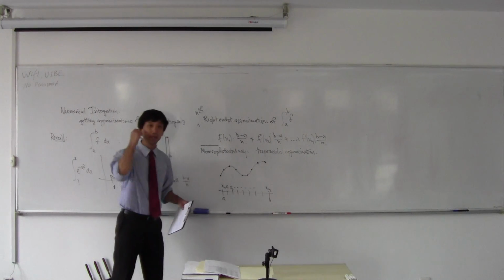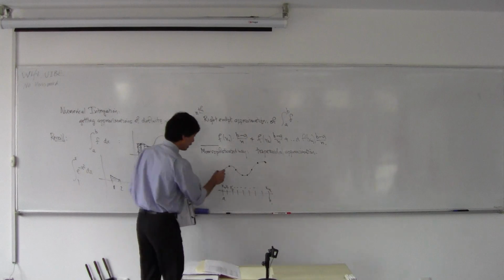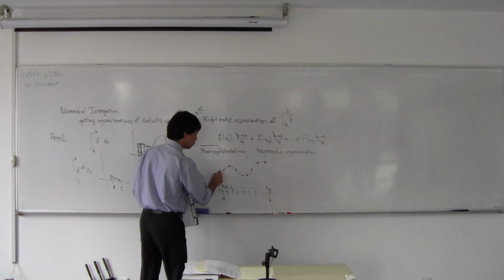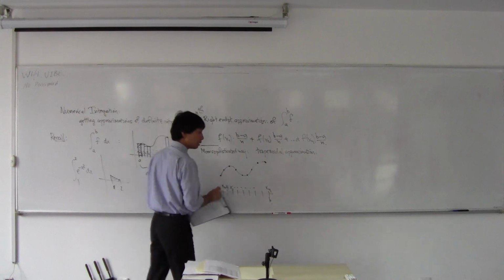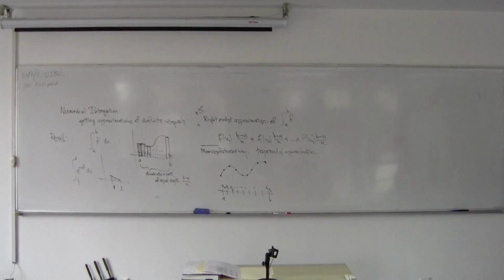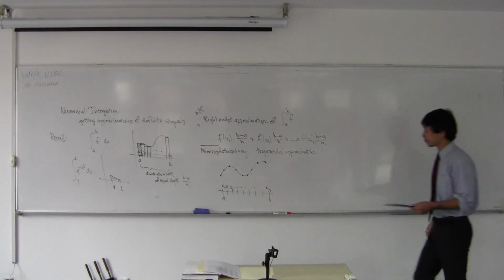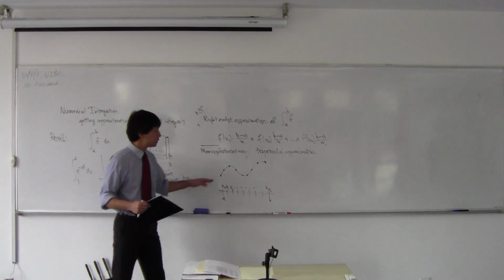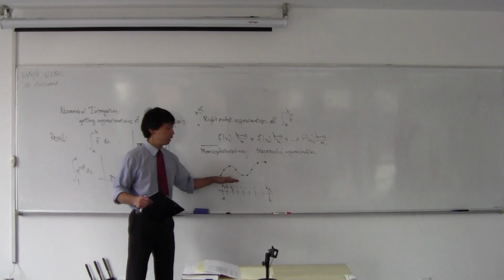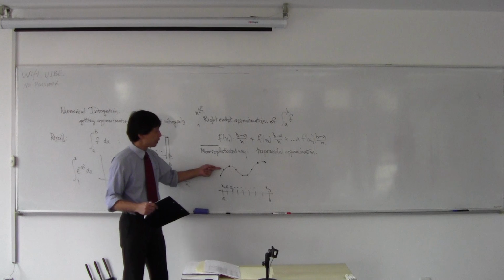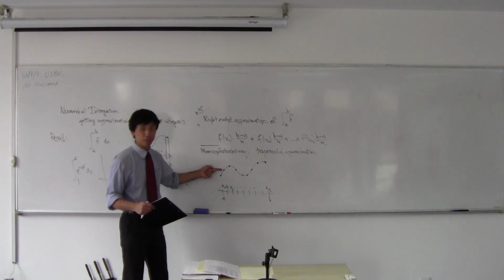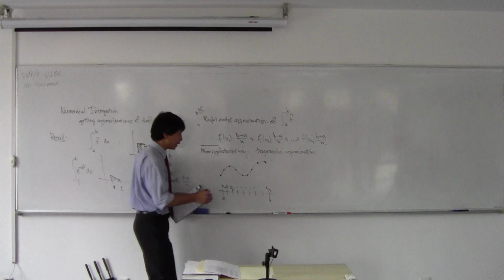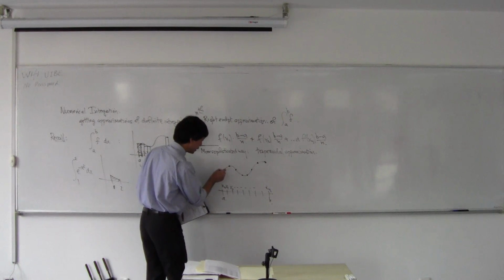Okay, you evaluate the function at each of those points, and what you do is instead of taking one of them, right? Instead of taking... so with the right endpoint approximation, we would use this guy as our height, but instead of doing that, we're going to make a trapezoid like this.